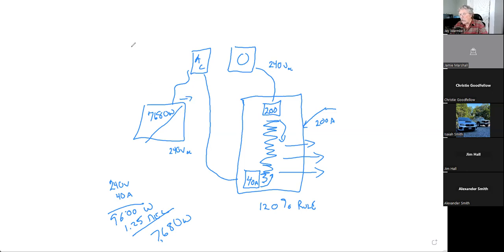So it turns out when you go out and look at inverters, you're going to see a lot of inverters that are 7.6 kW, and there's going to be a lot of them that are 3.8 kW. Well, those seem like weird numbers unless you understand the 120% rule. Because if it's a 200 amp service panel with 200 amp service from the utility, you're going to end up at a 7.6.